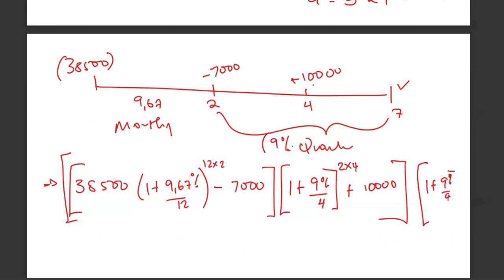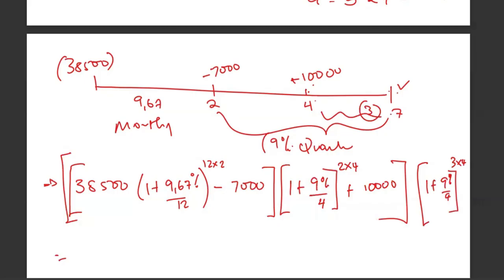But for how long? It's for the remaining 3 years, so it's 3 times 4. If I can punch all this in the calculator while respecting the brackets, I should be able to get the answer.